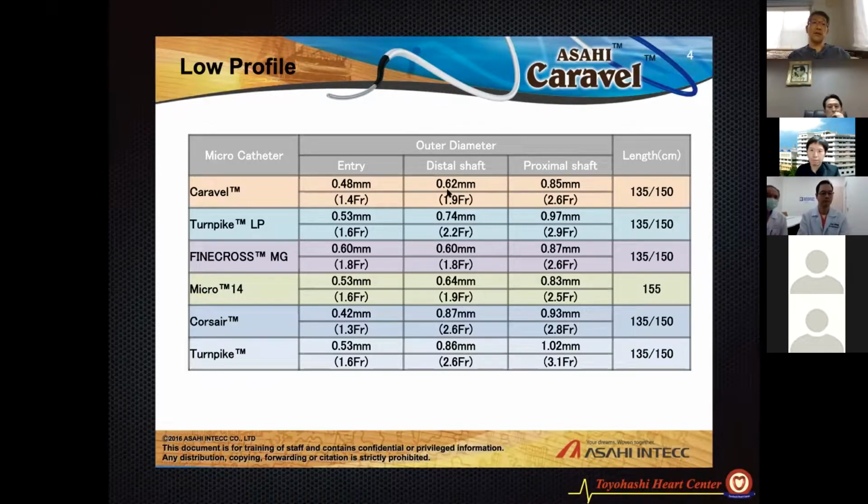For example, the distal shaft in Caravel is 62 and the Tornus is 74, Corsair 87. The proximal shaft also Caravel 85, the Tornus LP is 97 and Corsair 93. As you can see, the Caravel is a relatively thinner catheter.